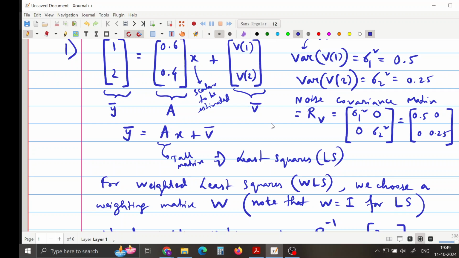There was no correlation between these noise samples, so the off-diagonal elements of the covariance matrix, which contain the covariance terms, are zero in this case.